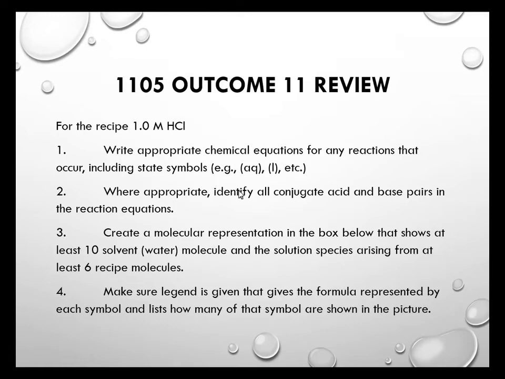Where appropriate, identify conjugate acid and base pairs in the reaction equations, and you have to know when it's appropriate to do that. Create a molecular representation showing at least 10 water molecules, and assume that you start with 6 recipe molecules, so 6 HCl molecules, showing what is actually floating around in the solution. And finally, give a legend that shows the formula represented by each symbol and lists how many of that symbol are in the picture.